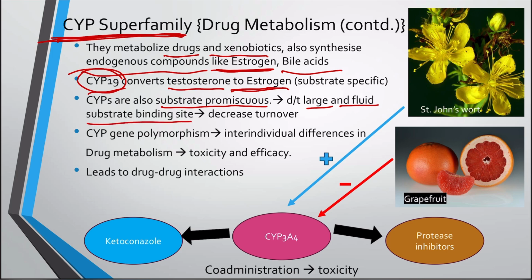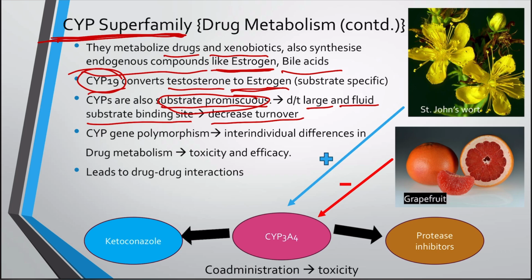But because the activity is non-specific and the area is large, the substrate binding site is not that concentrated. Because of this, the metabolism can decrease, leading to decreased turnover in the case of CYPs which are substrate promiscuous. But still they can provide the amount of metabolism which is required by the individual.